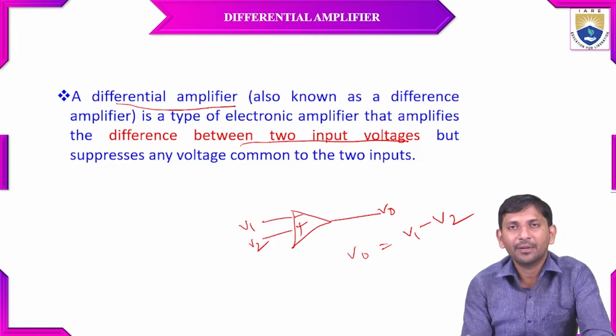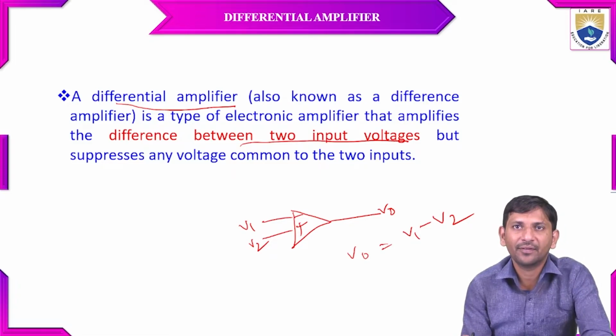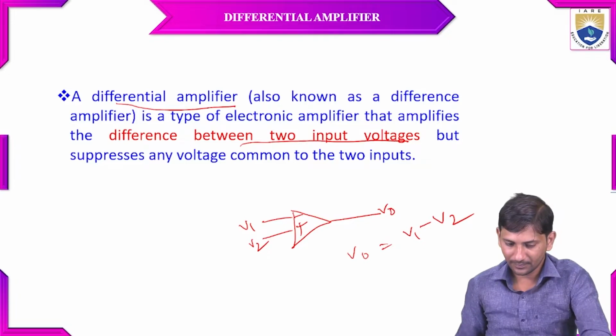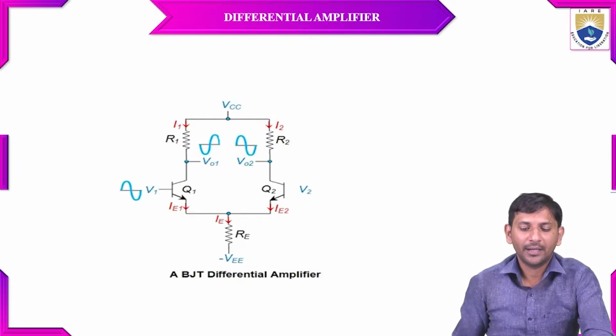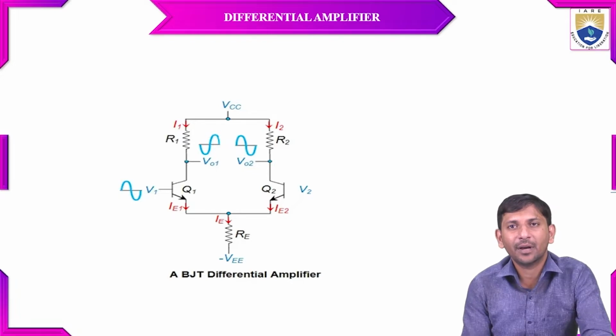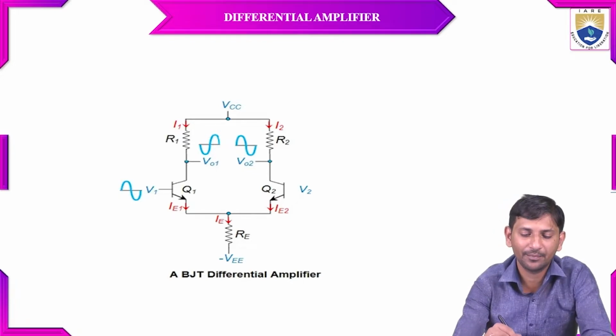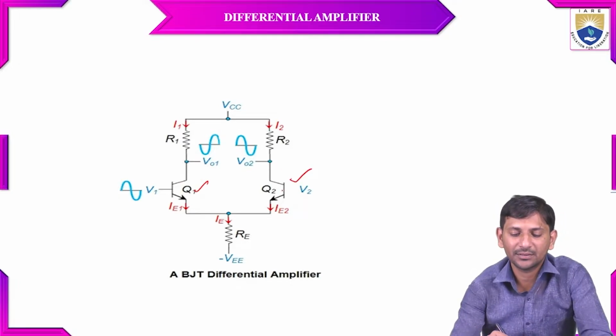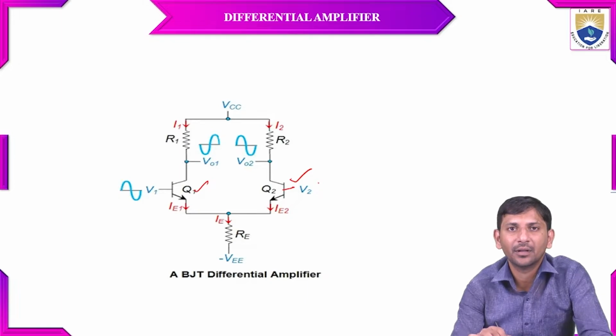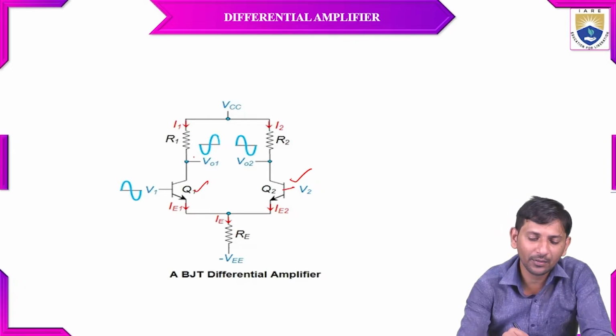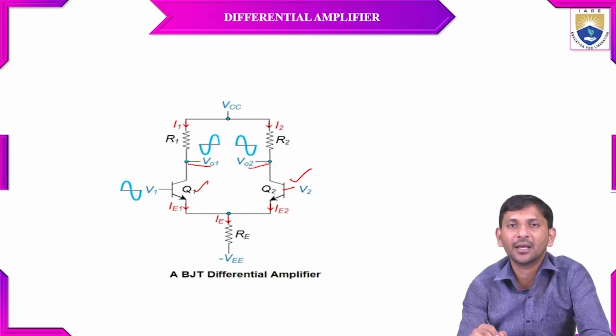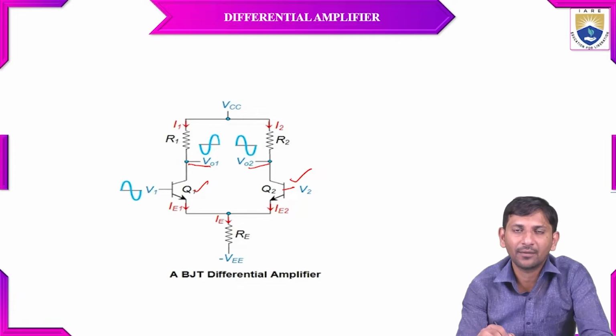A differential amplifier, also known as a difference amplifier, is a type of electronic amplifier that amplifies the difference between the two input voltages. Here is the basic circuit diagram of a differential amplifier, where we use two transistors Q1 and Q2, and apply the inputs V1 and V2 to them. We observe the output across the collector pins of Q1 and Q2.